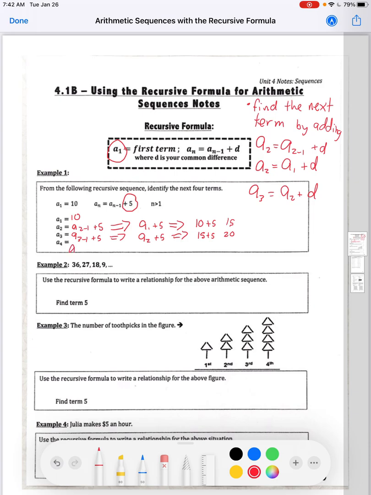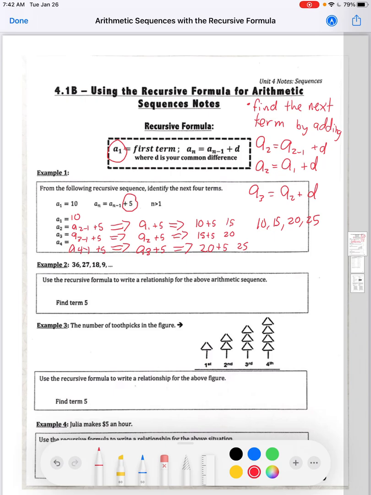A of 4 would equal a of 4 minus 1 plus 5, which would become a of 3 plus 5, which would become 20 plus 5, or 25. Meaning our sequence would be 10, 15, 20, 25.